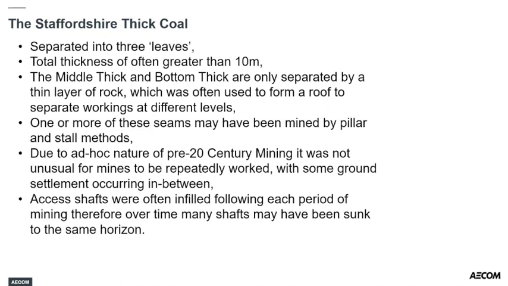It may have been worked to one or multiple levels, using various levels as roof rocks and support, and it was probably mined by pillar and stall methods. So the same sort of process that we saw at the Dibdale site a few slides ago would have been used in this. So now we've got a potentially very thick seam of coal with large pillars in it that potentially might be open in places.